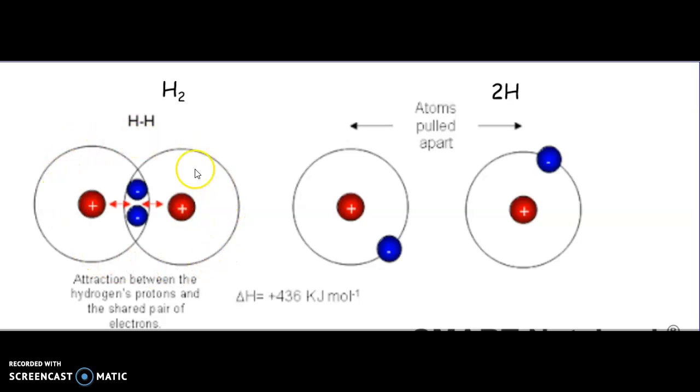But H2 is its natural state, and if you wanted to pull them apart, you might need some energy to pull apart those hydrogen atoms from one another to create 2 individual hydrogen atoms separated. Okay, so we go from H2 bonded pairs of hydrogen to 2H, 2 single hydrogen atoms existing on their own.